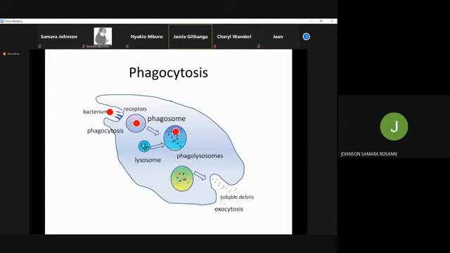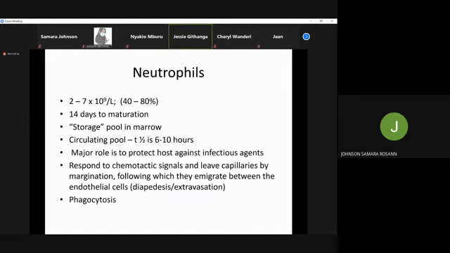All right, so again, you will be able to revise phagocytosis later on because it's important when we're talking about the neutrophil functions and the monocyte functions, and also the eosinophils. Now, the neutrophils are the largest group of white cells in an adult.